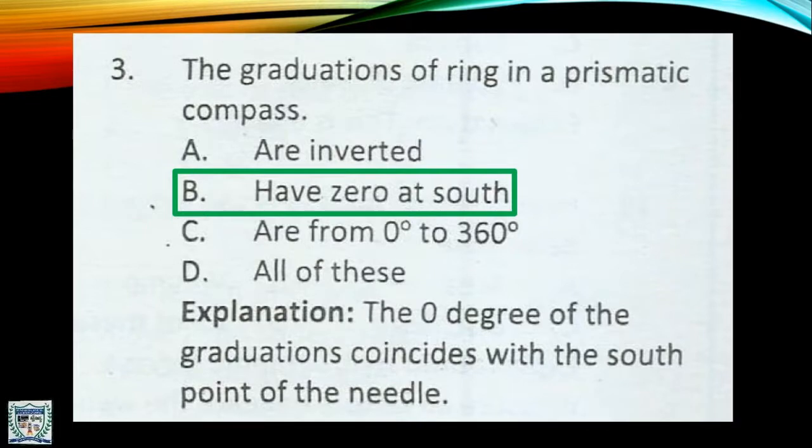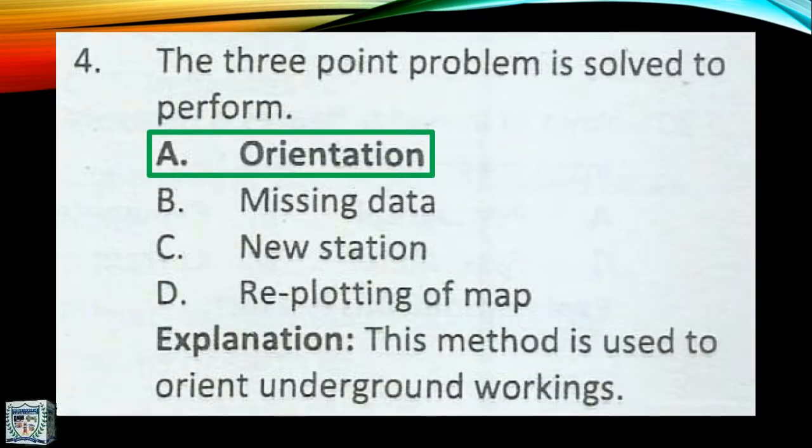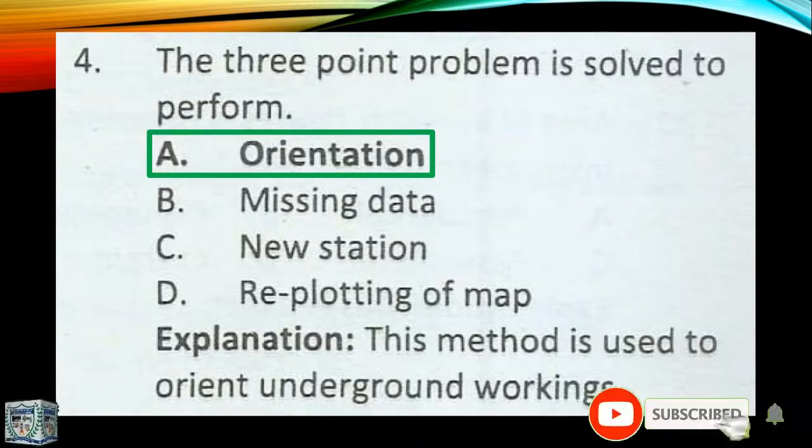The 0 degree of the graduations coincides with the south point of the needle. Question 4. The three-point problem is solved to perform option A, orientation. This method is used to orient underground working.